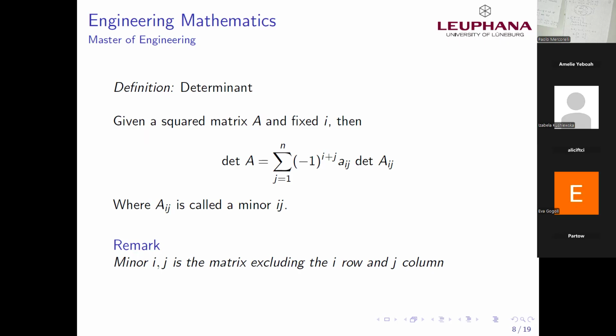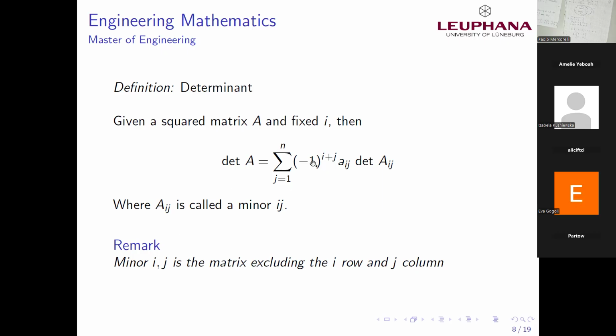The matrix is square if the number of rows equals the number of columns, and n is the dimension of the matrix, because one parameter is enough to say how large this matrix is. n equal 2 means we have a 2 times 2 matrix, because the number of columns, 2, equals the number of rows, 2. Otherwise, we cannot calculate the determinant. Now, the sum between 1 and 2, again, 2 is the dimension of the square matrix.